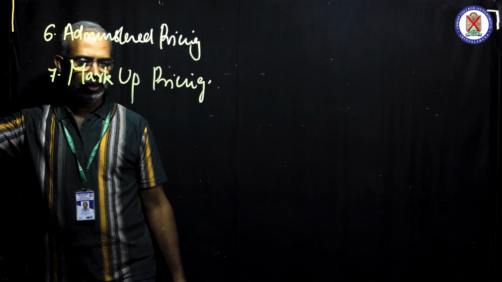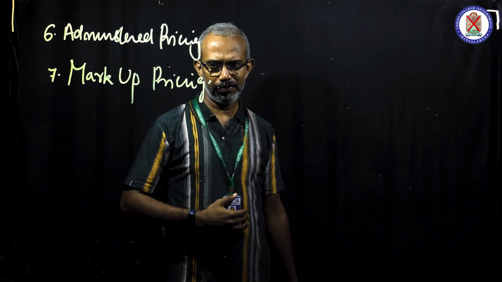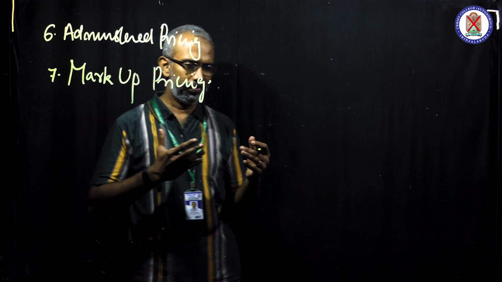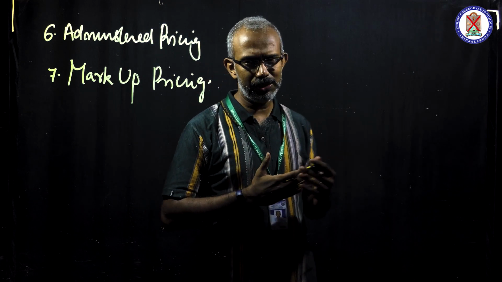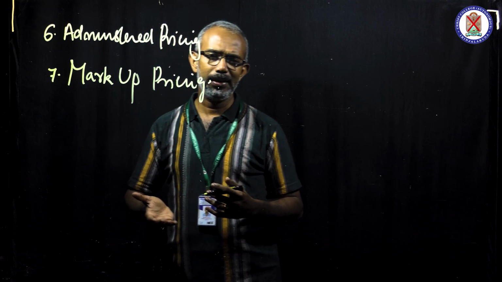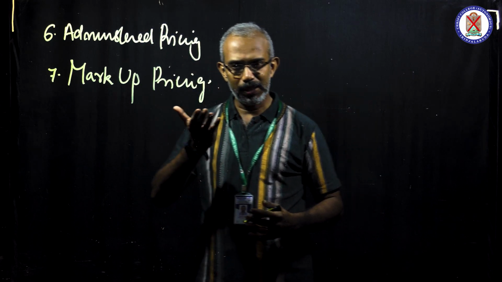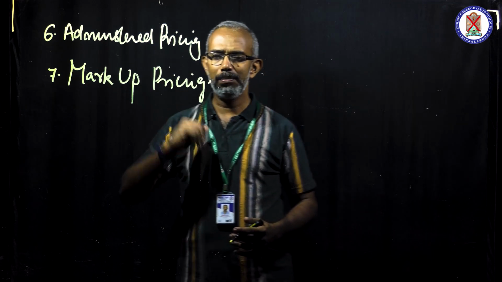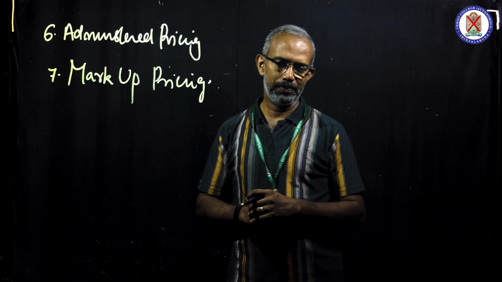From the producer till it reaches the consumer, there are middlemen involved. Each middleman might add a certain percentage to the price at which he receives the product. And then after marking up the price, he will sell the product. It is from here that the term markup pricing comes.